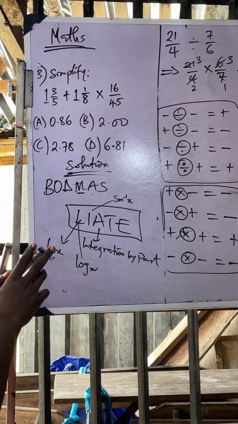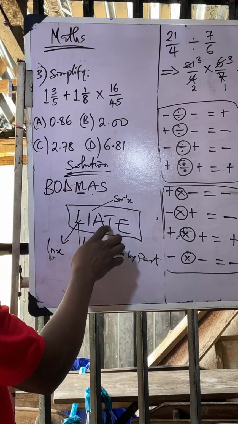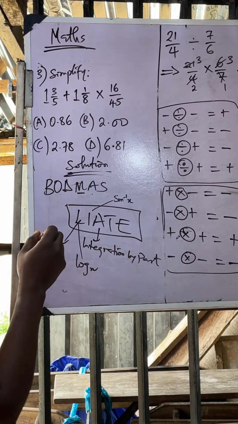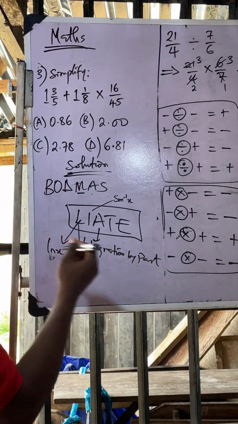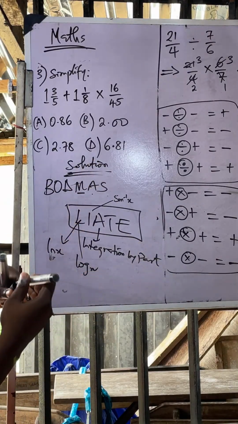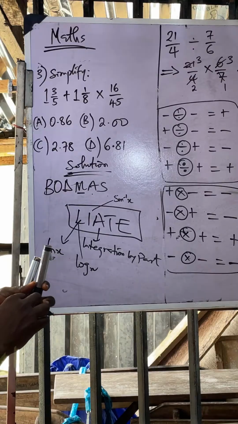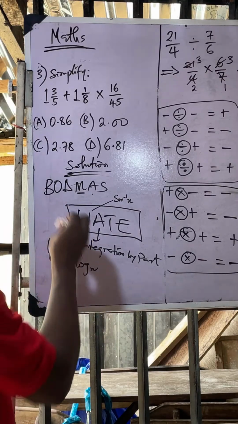After that, we have your algebraic function. After algebraic function, we have your trigonometric function and your exponential function of the form e raised to the power x and the rest of them. All these are just what you need to know.